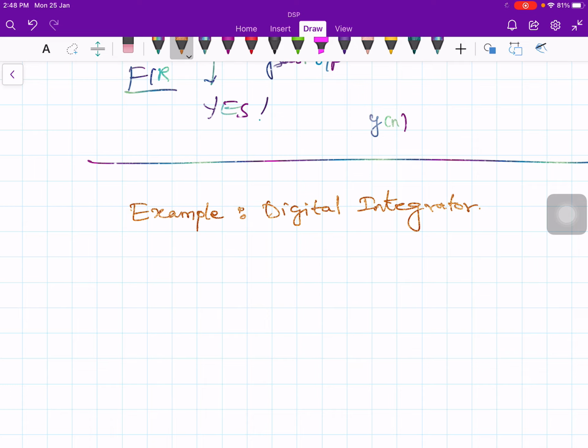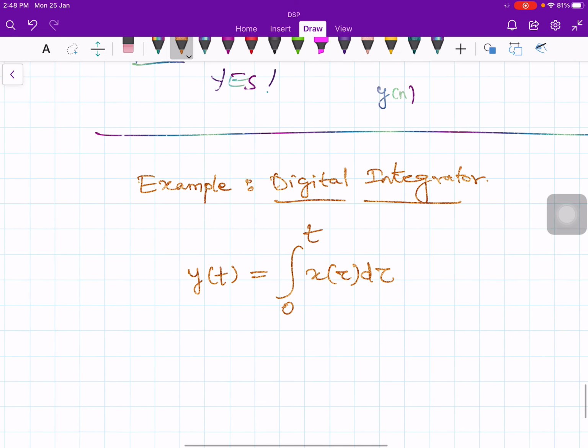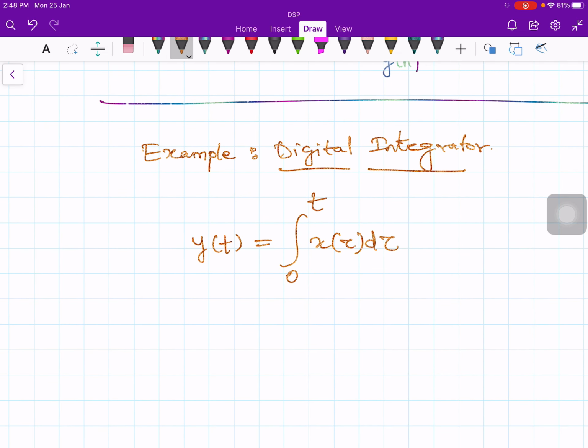So before we discuss the digital integrator, let us discuss its counterpart, the analog integrator. What is an analog integrator? An analog integrator: y of t is equal to the integral of x of tau d tau, where the lower limit is 0 and the upper limit is t. There should be some lower limit, so let's put it as 0, and we assume that x of t is causal.